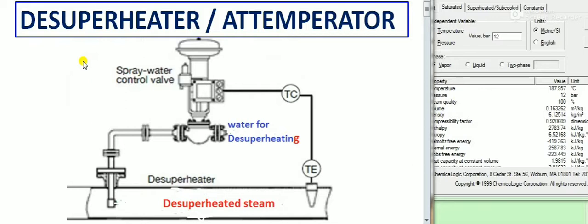So how does it function? What are the different types of de-superheaters? We have two different types, majorly classified into direct type and indirect type.